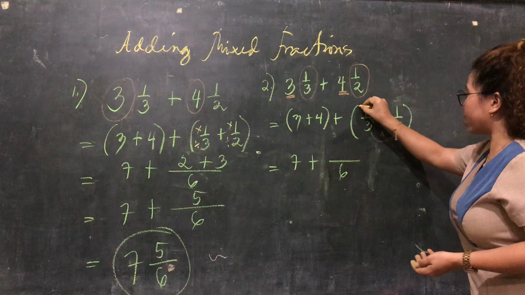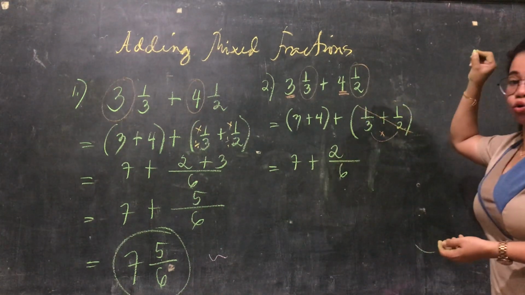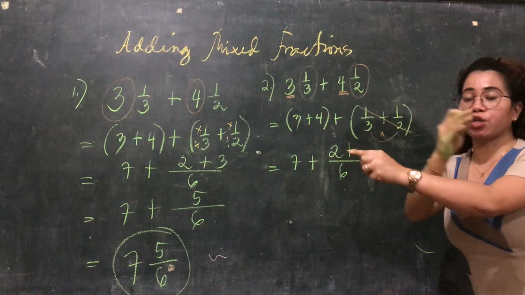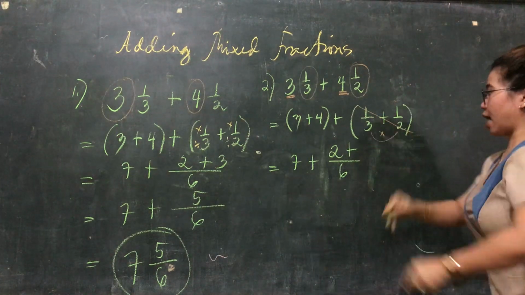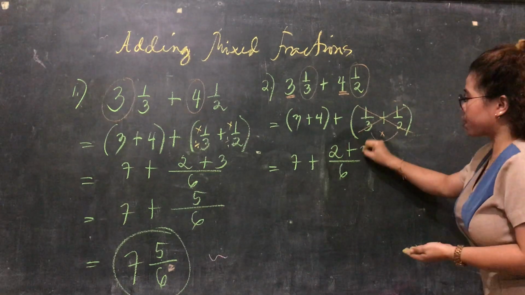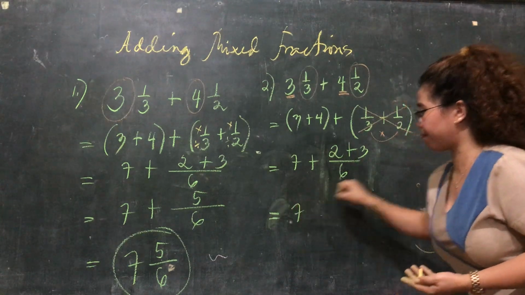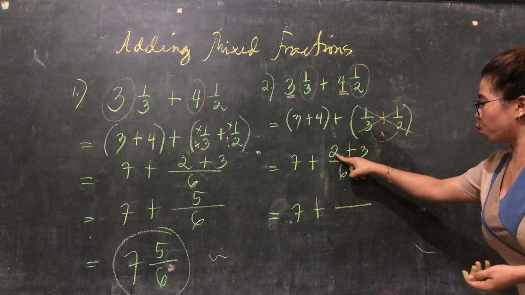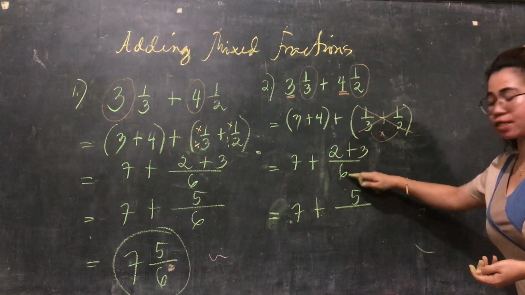Ang partner ni 1 is 2. 1 times 2, you have 2. Then, copy plus. 3 times 1, you have 3. Equals, copy ang 7, copy ang plus, copy ang bar. 2 plus 3, you have 5. Bar, 6 copy.